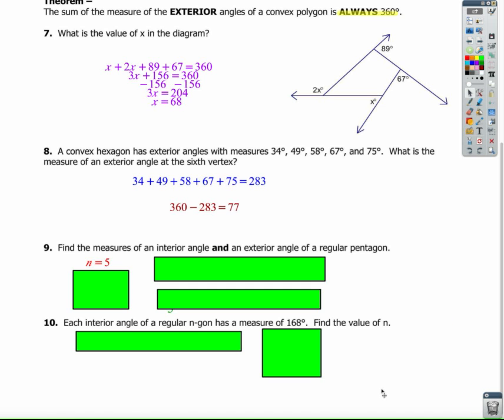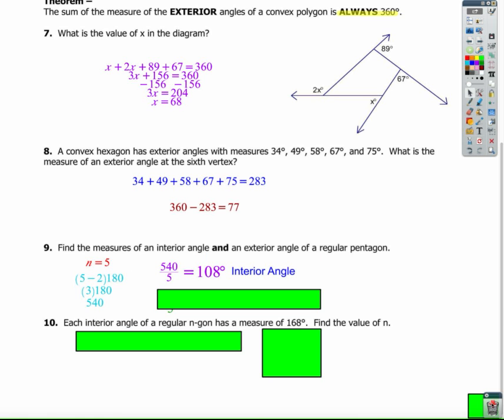Knowing that a pentagon has 5 sides, I can determine the sum of the interior angles using our n minus 2 times 180. So 5 minus 2 is 3 times 180 gives me 540 degrees on the interior of the pentagon. If I take that 540 degrees and divide it equally by the 5 angles of the pentagon, I will see that each interior angle equals 108 degrees.